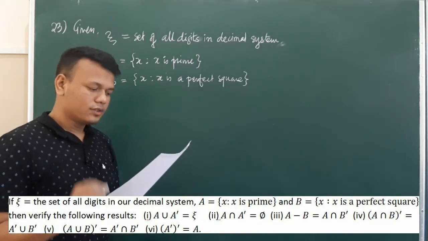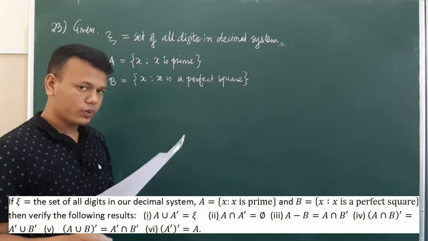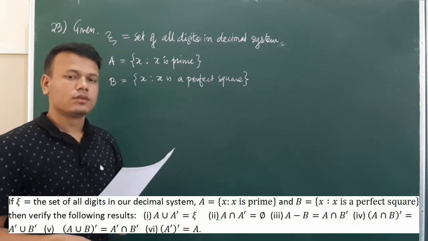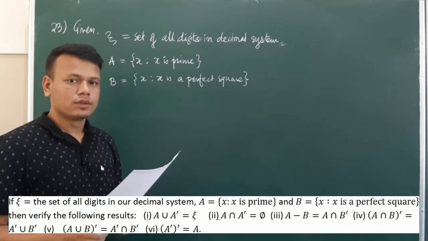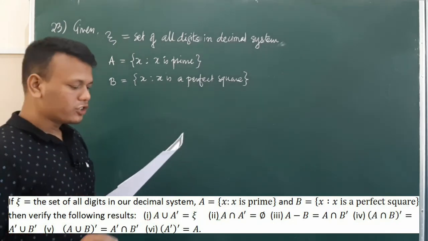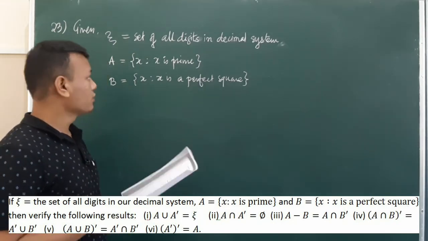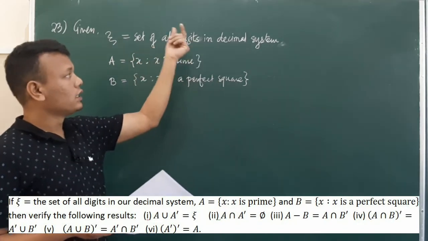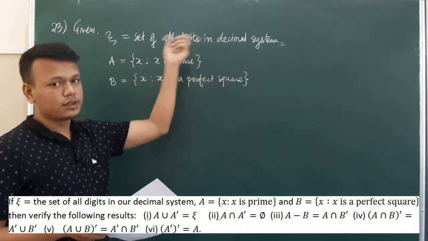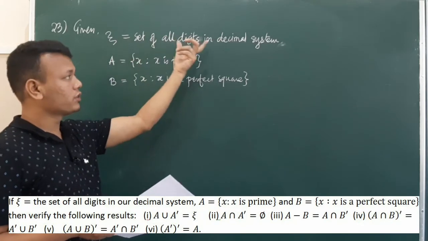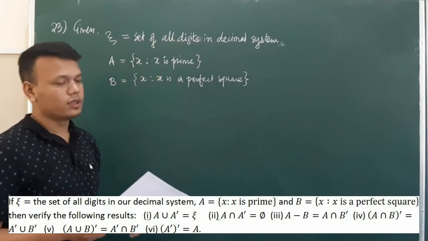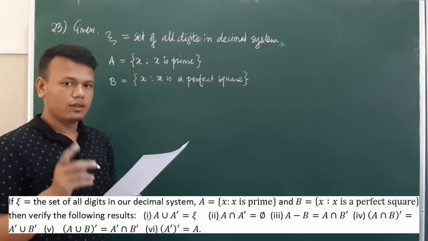So dear students, we are going to do the last problem. So let me take the last question for the day, that is question number 23. The question says, if xi is the set of all digits in the decimal system, that is our universal set, is given as this one, A is given as this, B is given as this, you need to verify a few results.